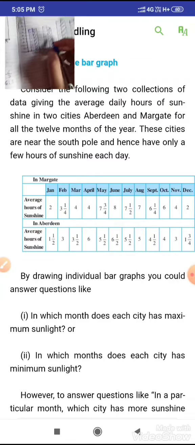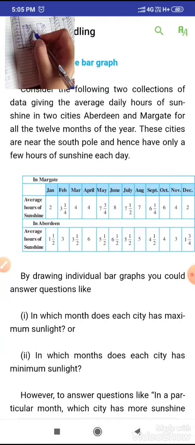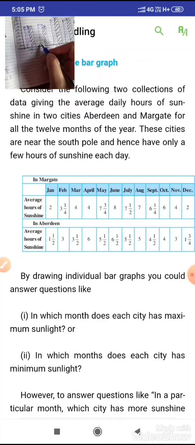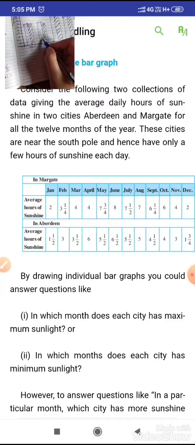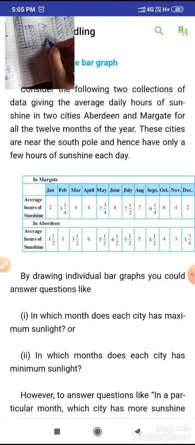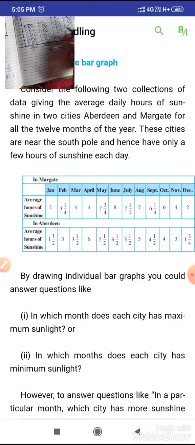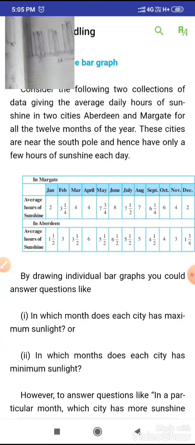Then we give some gap for the second subject, and again we draw two bars for the first term and for the second term. In this way, you can draw a double bar graph.